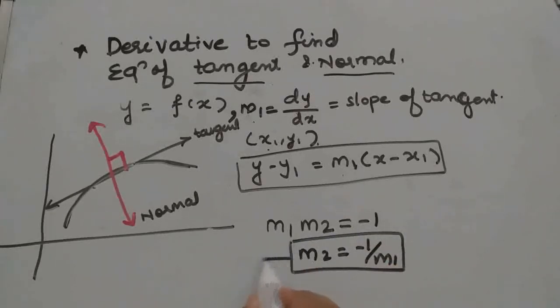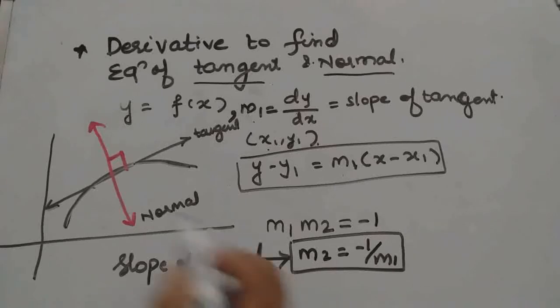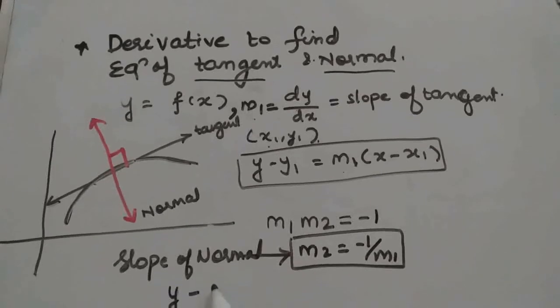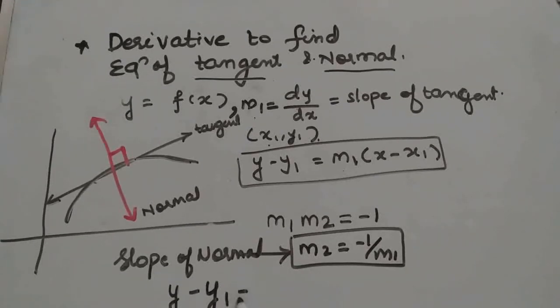M2 is the slope of the normal. Now you can see the normal is again a line, so we can find the equation of this line using the same slope-point form equation, but this time the slope will be m2.